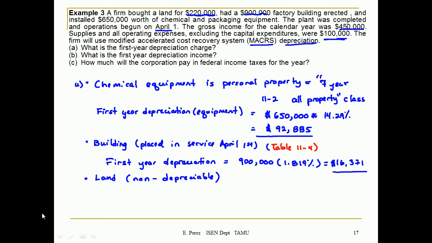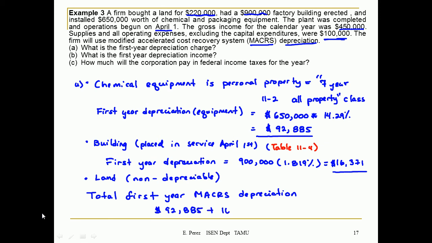So the total first year MACRS depreciation will be equal to $92,885 plus the $16,371, which is a total of $109,256.